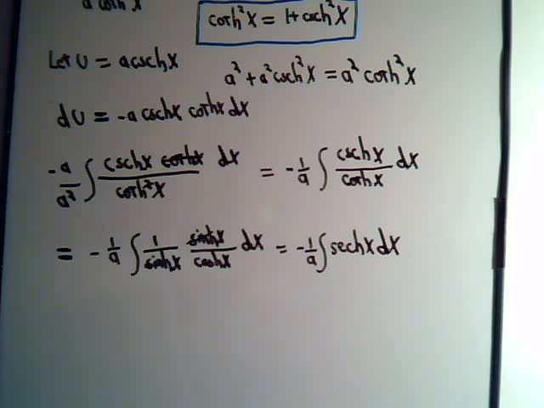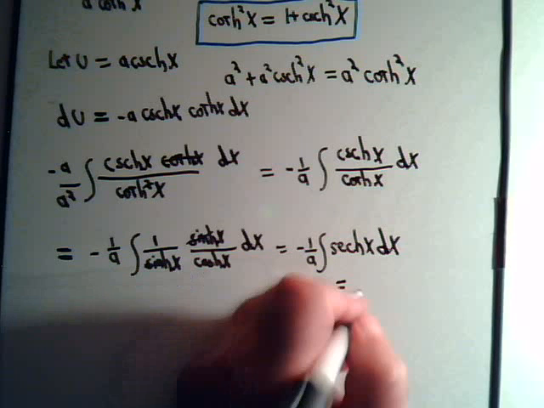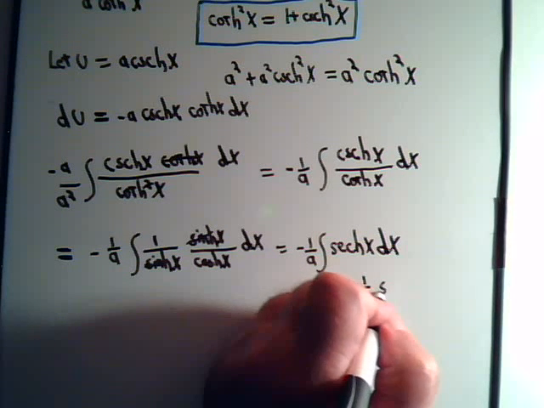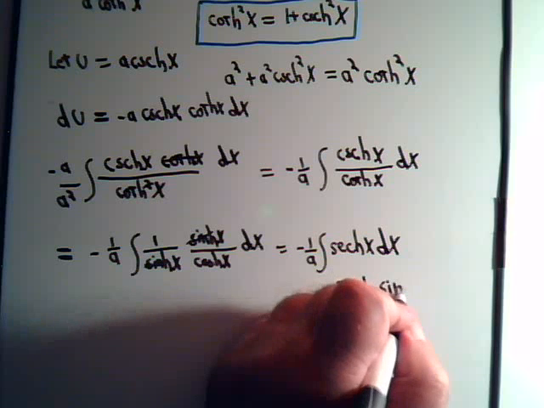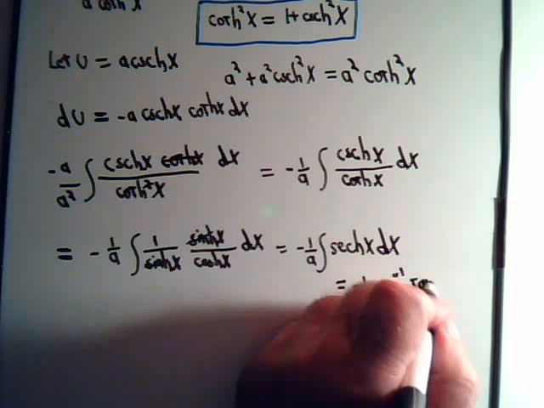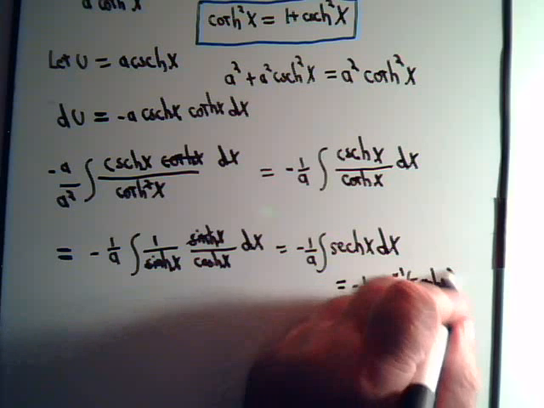And hopefully you remember from before, this will equal minus 1 over a, inverse sine of the hyperbolic tangent of x.